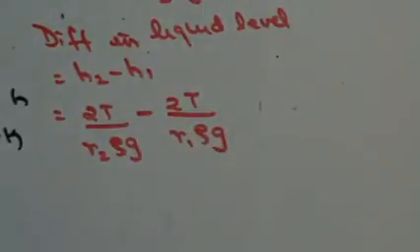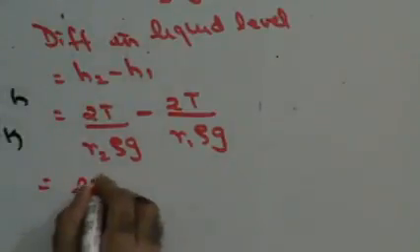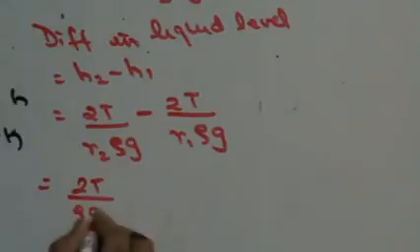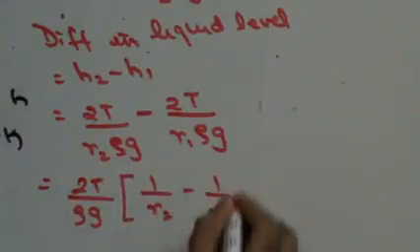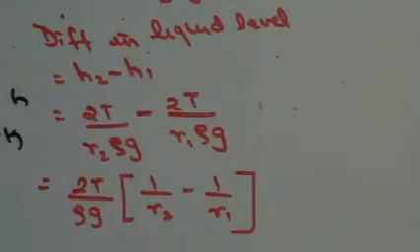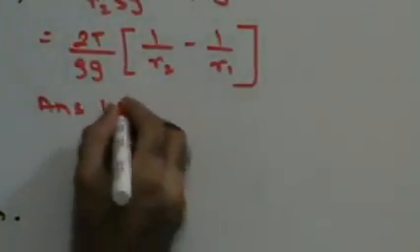Out of which I could take 2T upon rho g common. So this will be 1 upon r2 minus 1 upon r1, right? Substitute, you have all the values, you can get your answer. The answer for this sum should be 1.89 centimeters.